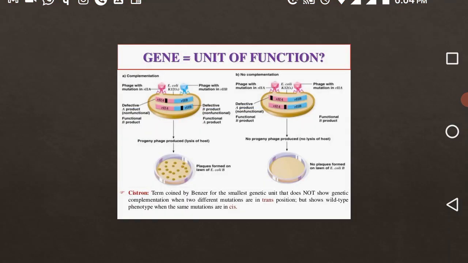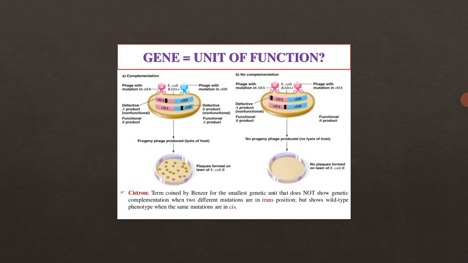We can also call it the intragenic complementation test, while the complementation we are calling the intergenic. This type is called the cis configuration, and the previous one, on the left hand side, is called the trans configuration, okay?